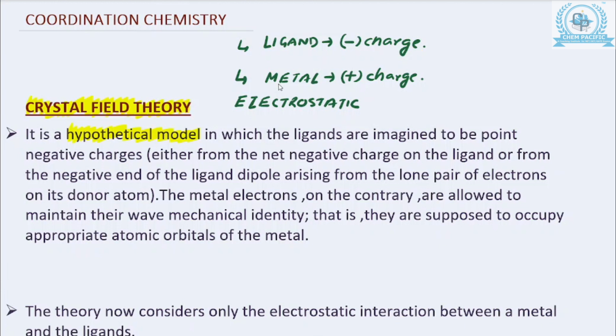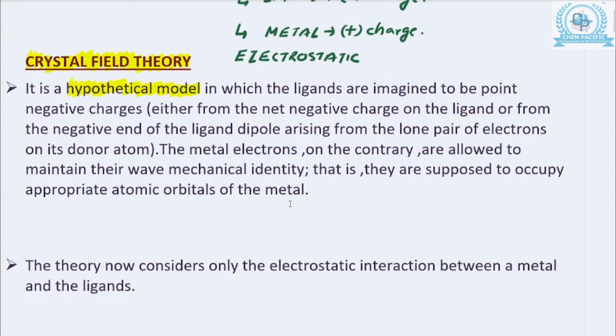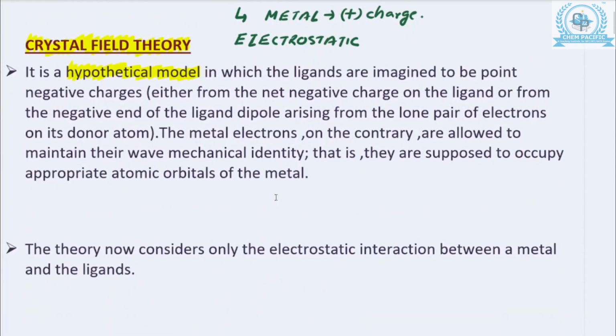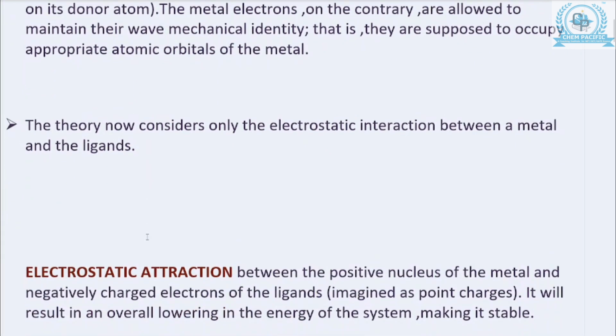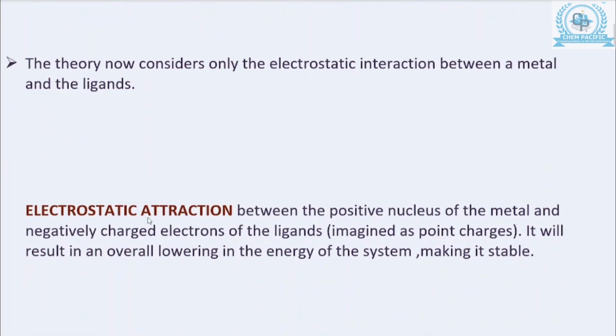Now, the negative charge you have understood is the ligand, and the metal is the positive charge. And also, the valence shell orbitals of the metal are also electron cloud density, it means they are negative charge.